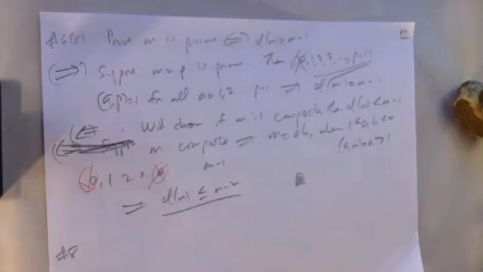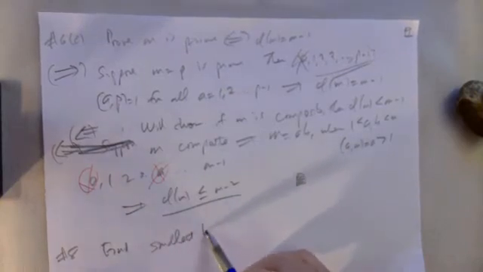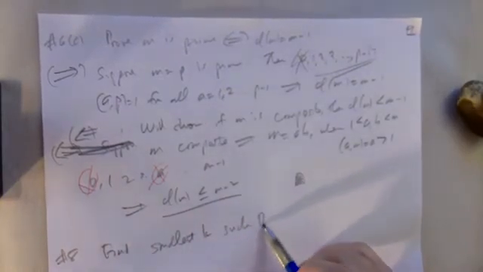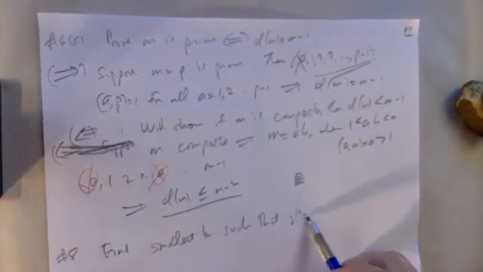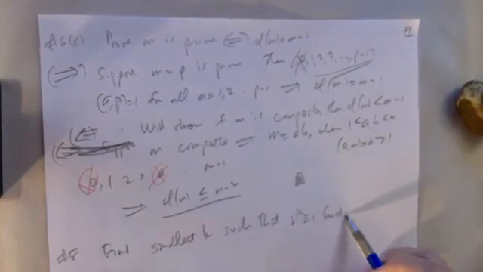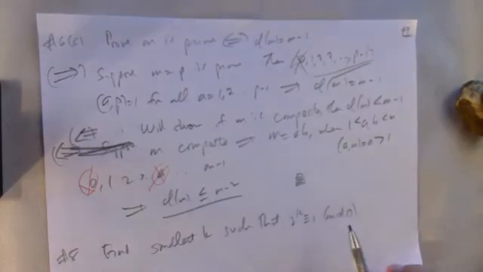No one asked me about number 8. It's nice to do some computational problems. You want to find the smallest k such that 2 to the k is congruent to 1 mod 17.